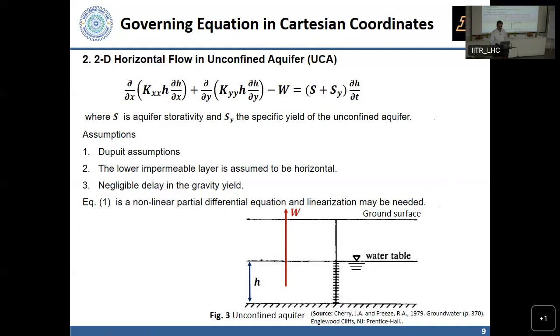So then this becomes our governing equation that we will use for unconfined aquifers. And we would modify it as needed if we had to take care of some other effects like a non-horizontal bottom or leakage from the bottom. We will be able to handle those. Any questions so far?